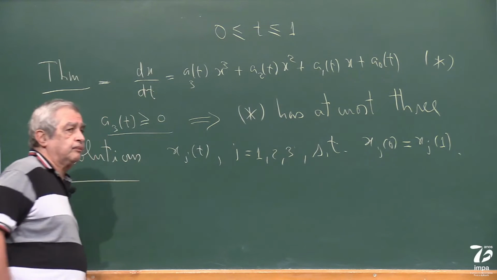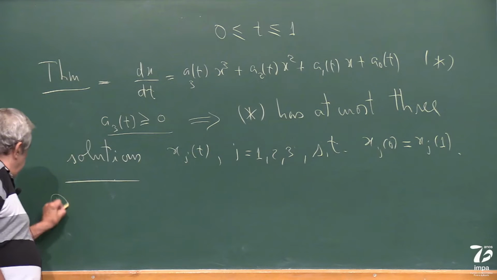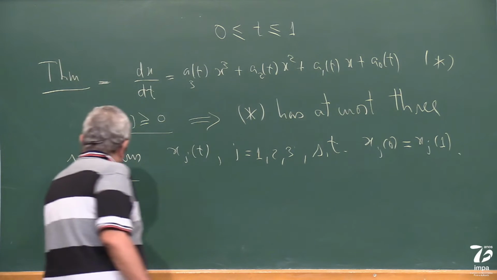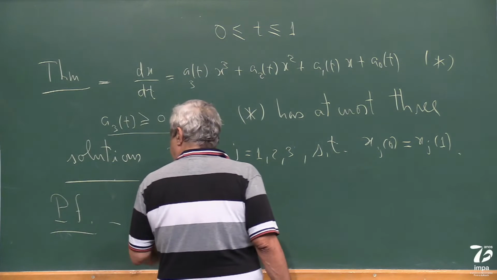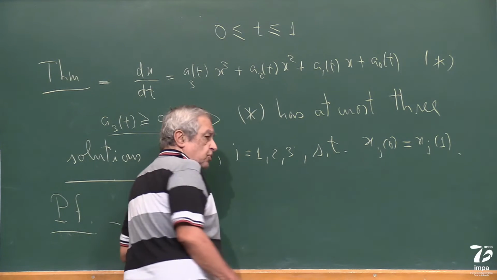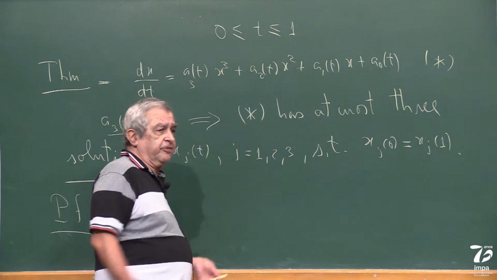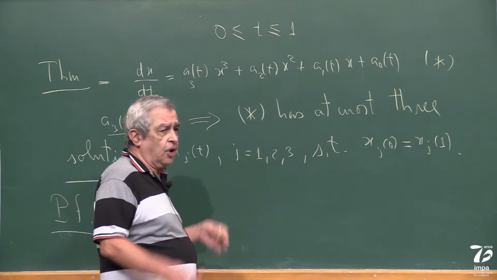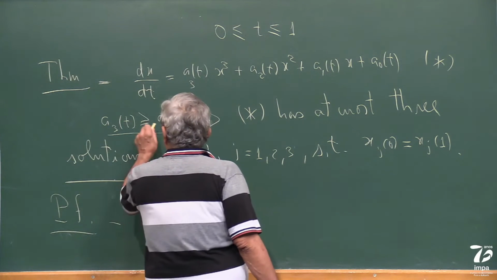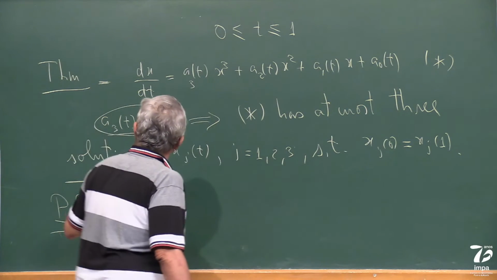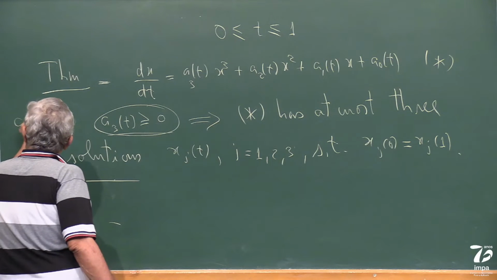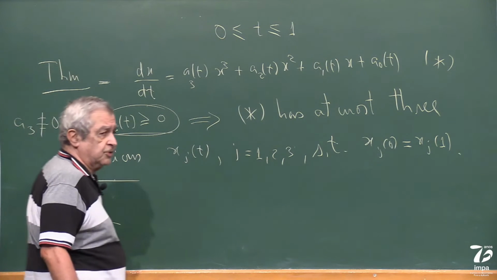So I'll give an idea of the proof. Suppose you have 3 solutions, I'll prove that you cannot have more than 3. Well, this condition is A3 bigger or equal to 0, but A3 is not identically 0.